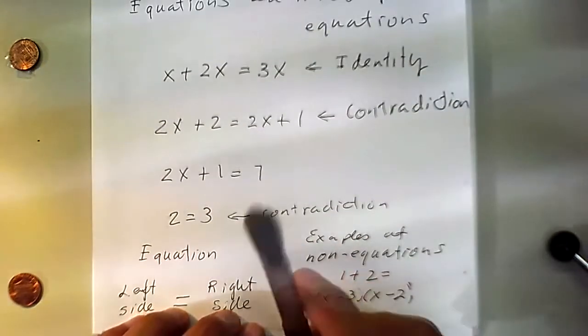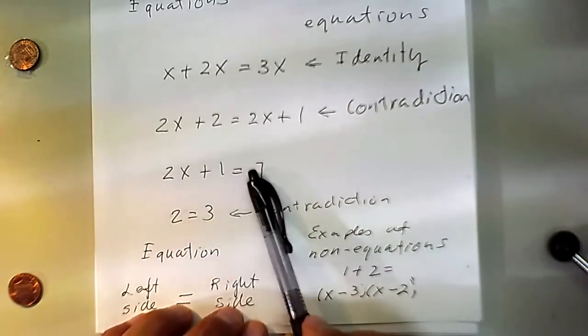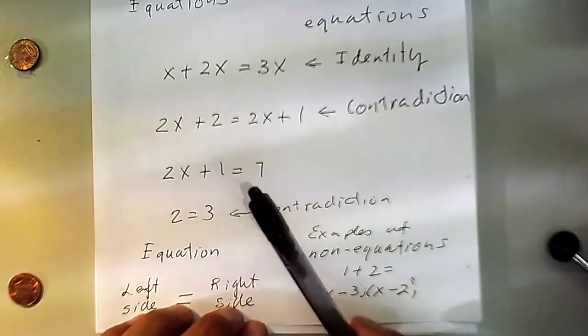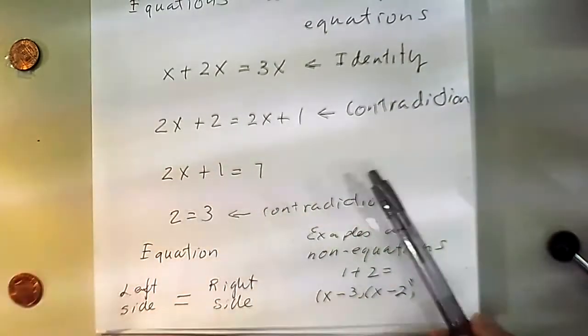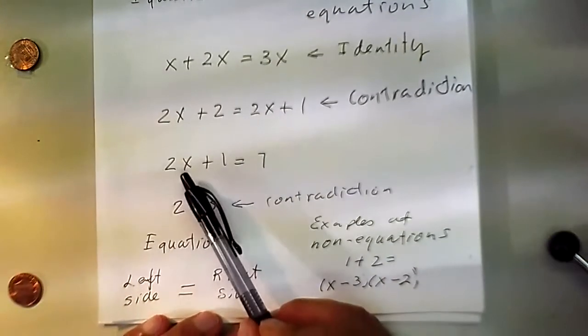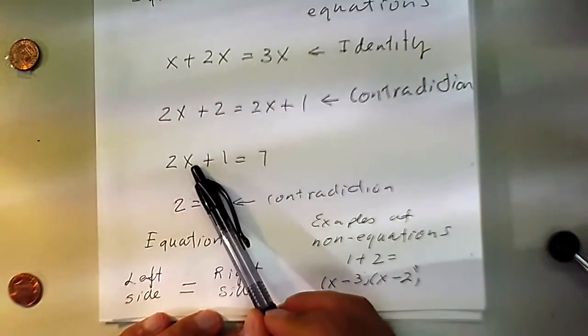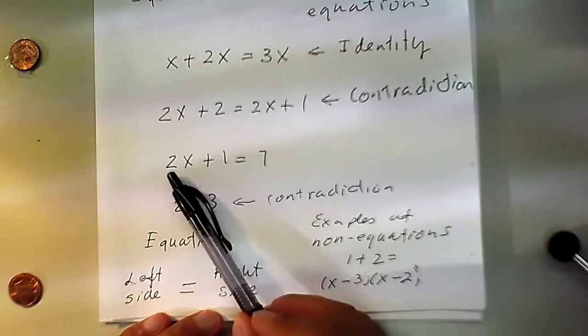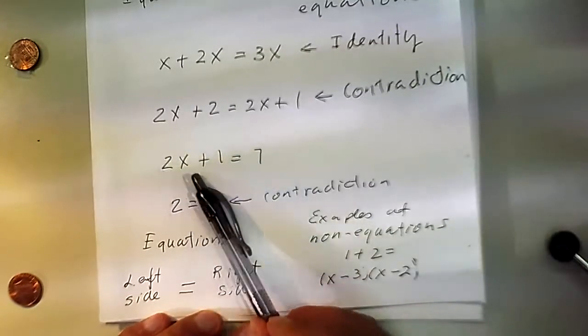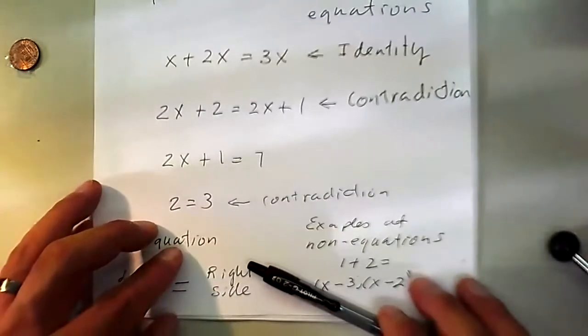Some equations, such as this one, could be false or could be true. It depends on the value of x. If x happens to be 3, then 2 times 3 is 6 plus 1, 7. Then that equation is perfect. It is true.